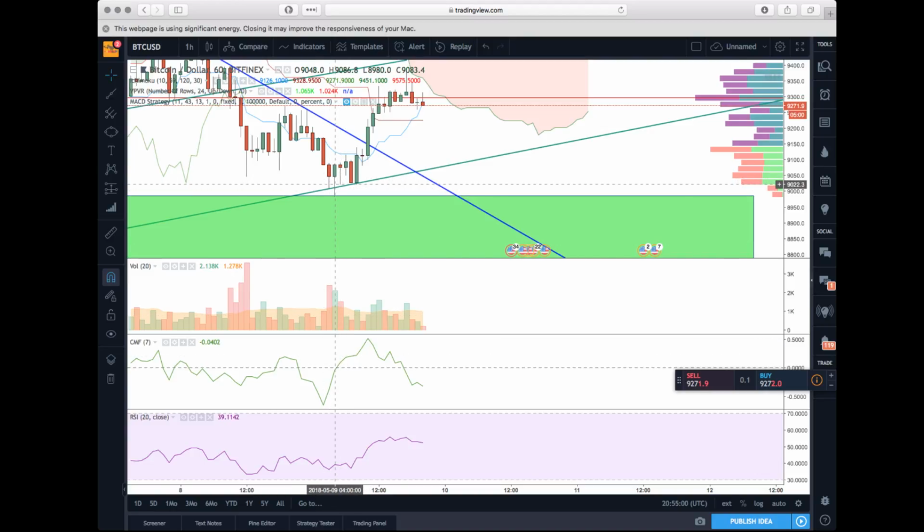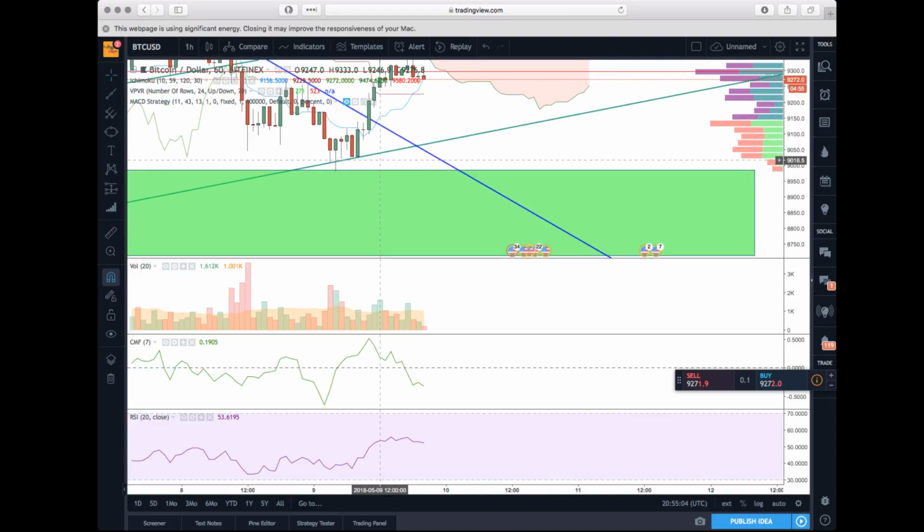And if it's happening right against support, that's an obvious low risk trade for me.